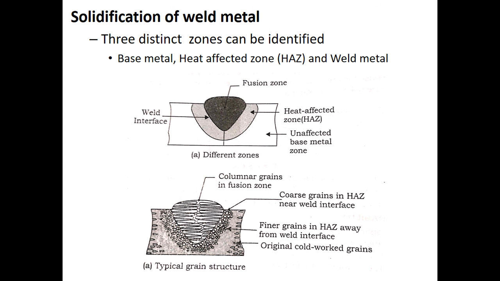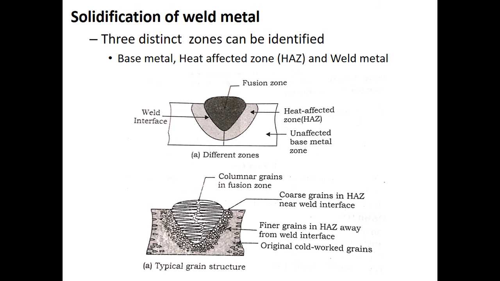As I told you, the mechanical properties of this heat affected zone depend on how these properties were developed prior to welding. For example, when you weld a cold worked metal and apply the heat, that heat leads to the recrystallization of the grains of elongated shape.